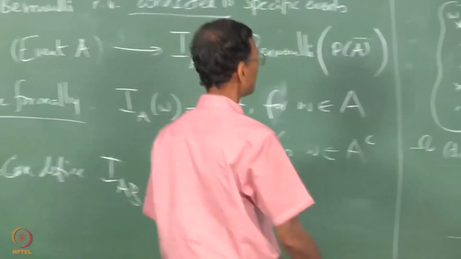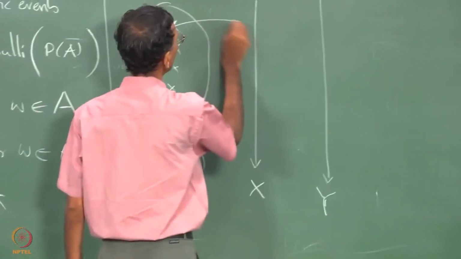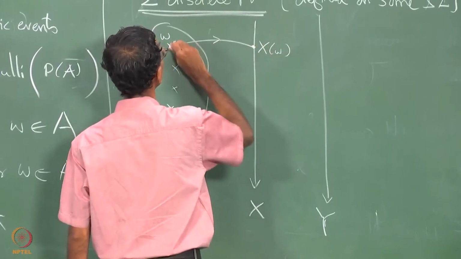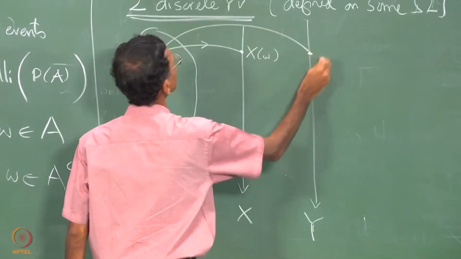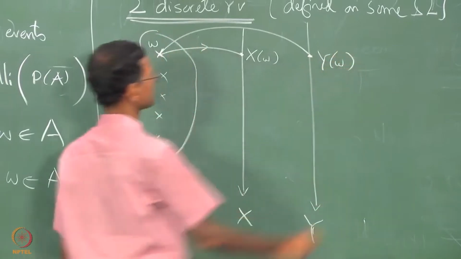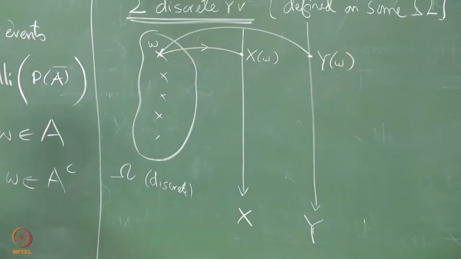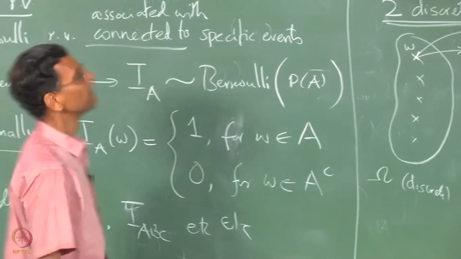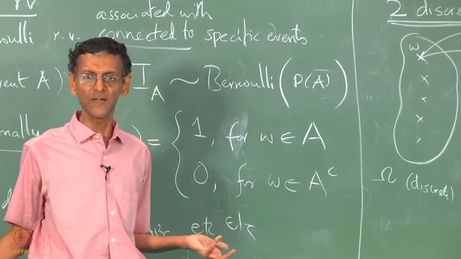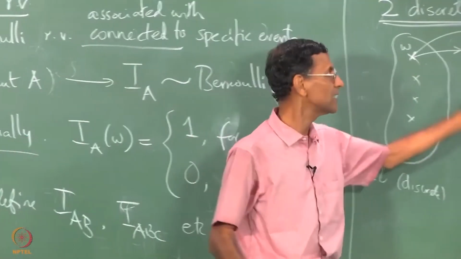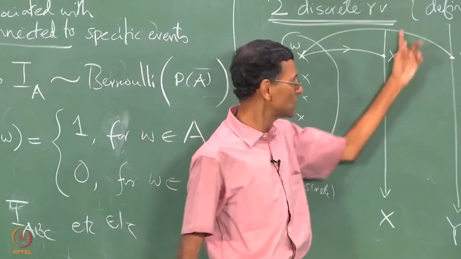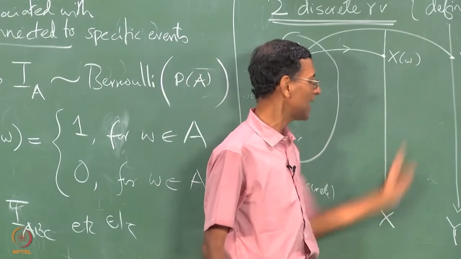By the mapping, x maps it to x of omega and y maps it to y of omega. This is by definition. If you define 2 random variables, both x of omega and y of omega must be defined, and both of these are numbers. So, this is a number axis, a real line, and this is another real line.